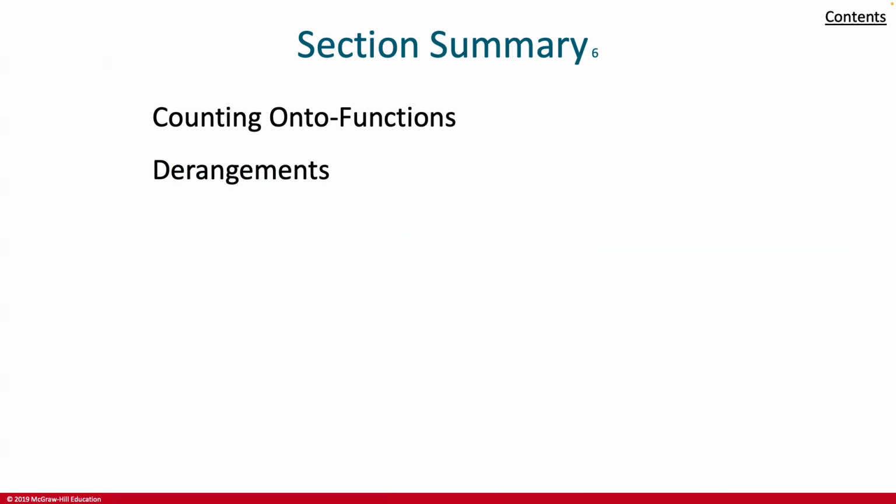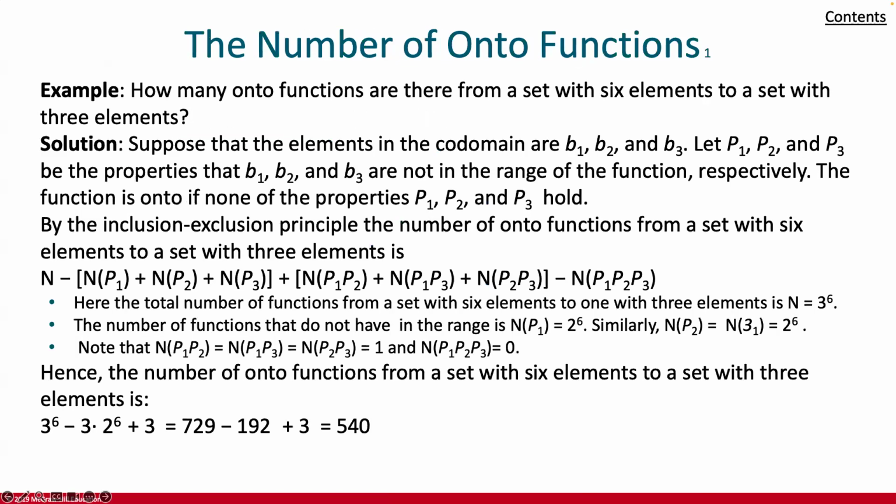The exclusion principle can be used to find the number of such functions. The well-known hat check problem can be solved using the principle of inclusion exclusion. The problem asks for the probability that no person is given the correct hat back by a hat check person who gives the hats back randomly. And we'll see that in a handful of charts here.